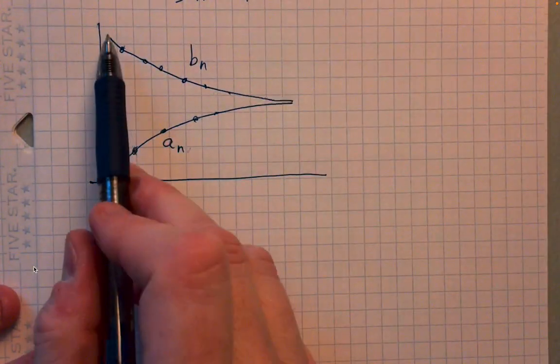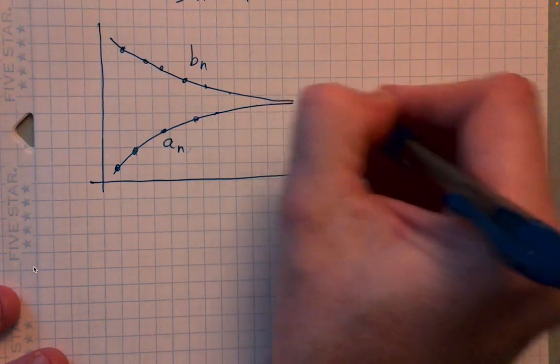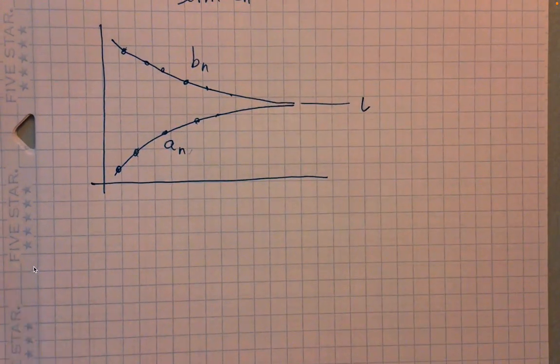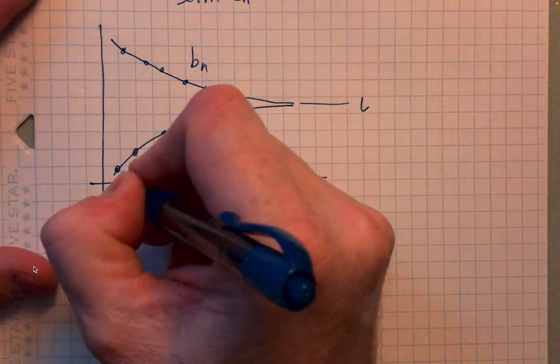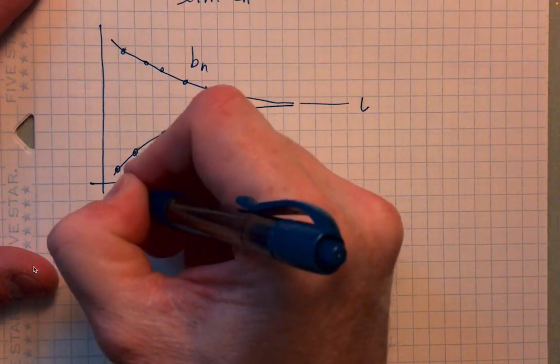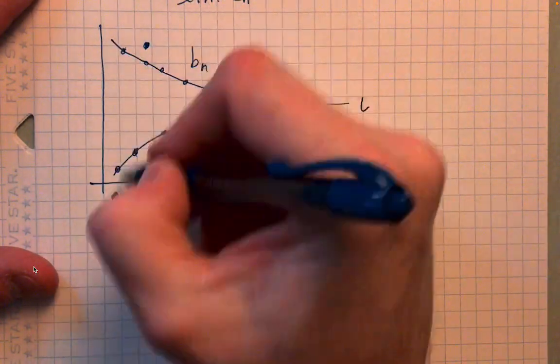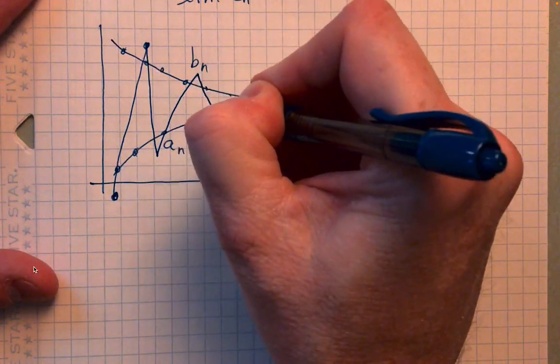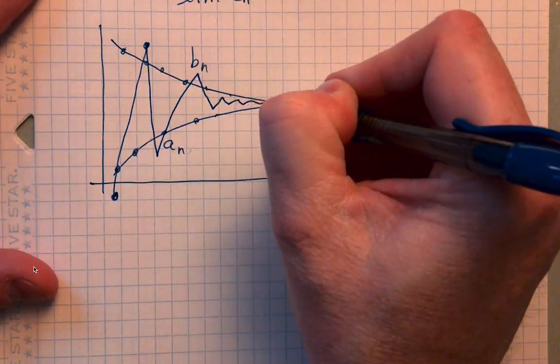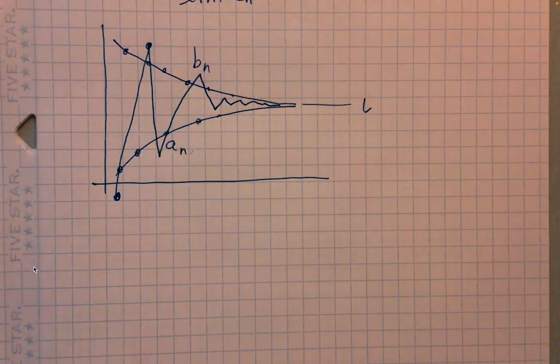But the idea is that these sequences get closer and closer together and they have the same limit L, right? Now if I have some third sequence, some c of n sequence, which is maybe crazier, maybe it starts out down here and then comes up to here, it kind of goes like this, and then it bounces back down, and then it comes back up, but then eventually it settles down between a of n and b of n, right?